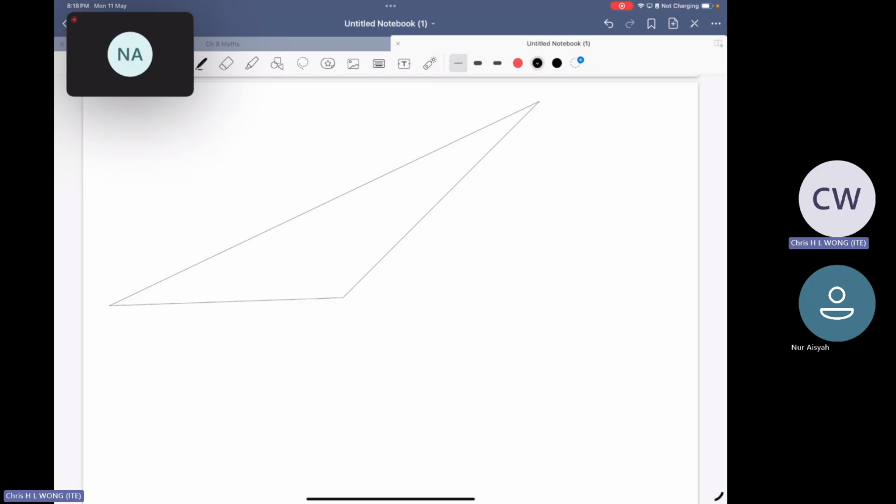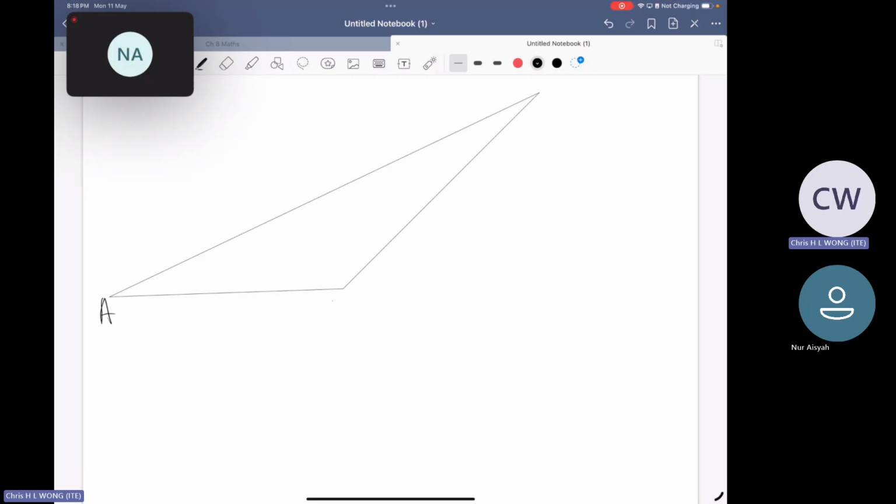Okay, A, B, C. If I say AB is the base, where's the height? You can't draw from here, no?